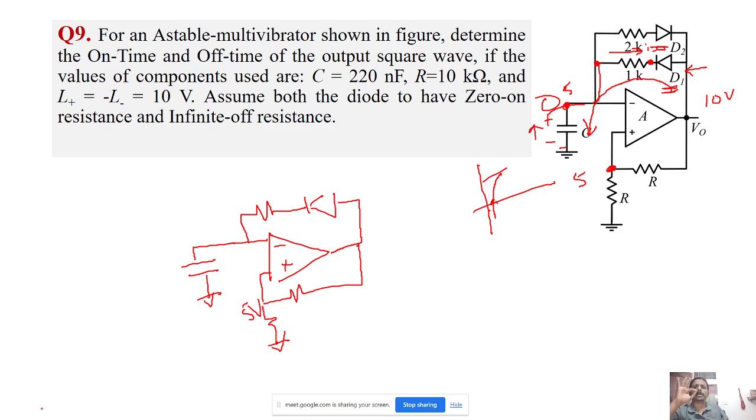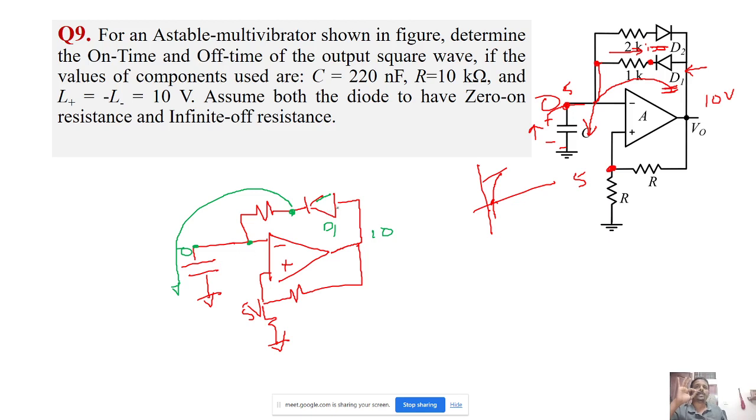I mentioned that initially if it is 10 volt, this diode D1 is on, right? Initially I assume the capacitor is discharged, there is no voltage across it, so this is 0 volt. This voltage and this voltage are the same, so in effect it is like this is connected to ground.